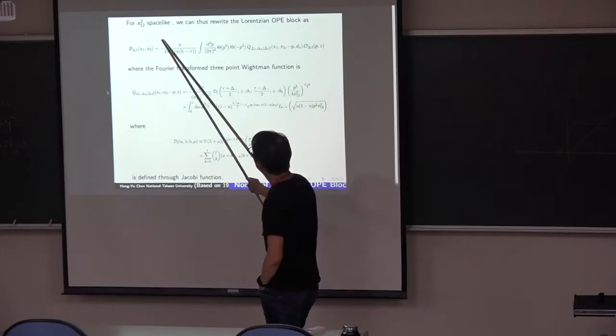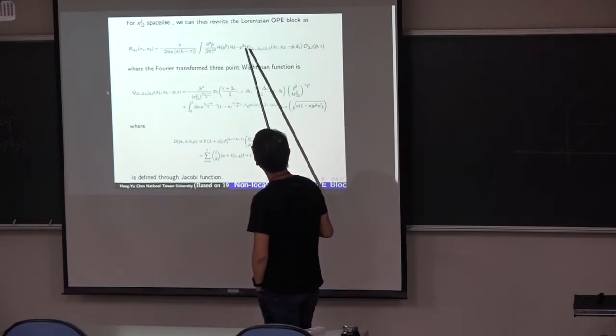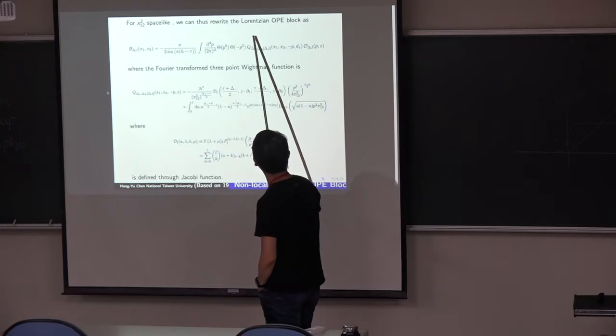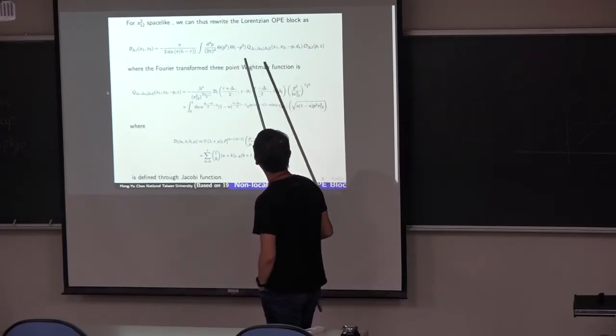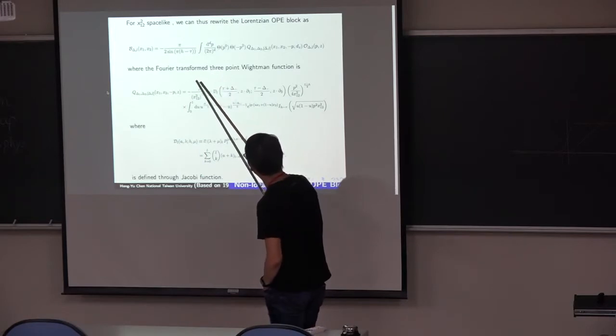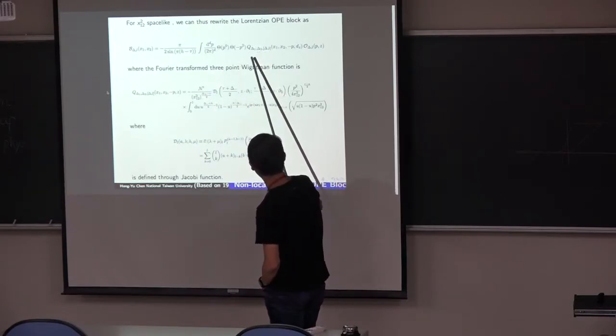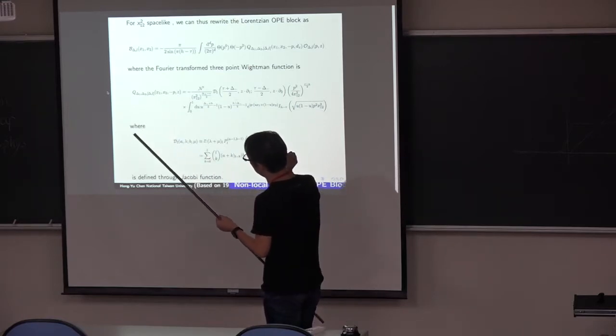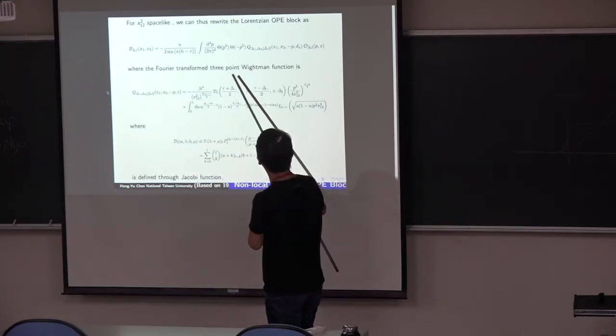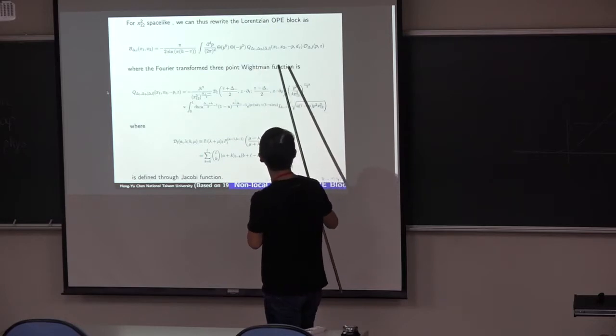So for the case of x12 being space-like, we can rewrite using this projector. We can rewrite this Lorentzian OPE block into the following form, where the Q here is basically coming from considering the Fourier transform of one of them, the Wightman function.